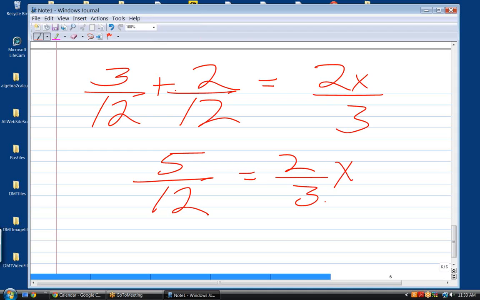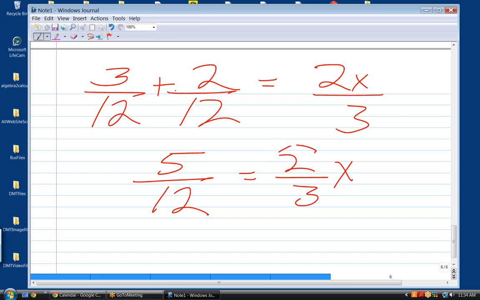What's my final step to solve for x? In one step. Divide. Multiply by the reciprocal. Of which fraction? The 5/12 or the 2/3? The 5/12.